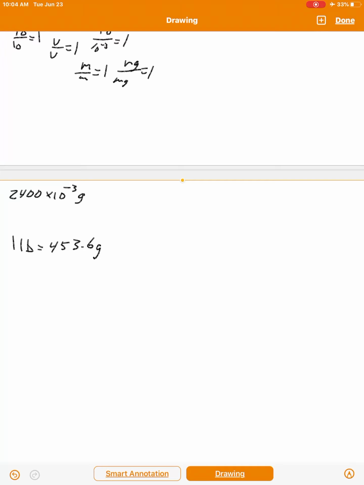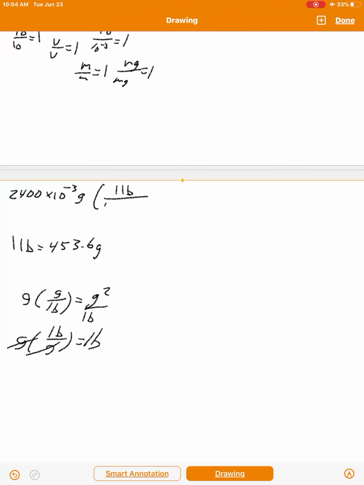Again, if you have grams, multiply that by grams per pound. That's going to give you grams squared per pound. But if you take grams and you multiply it by pounds over grams, that'll give you pounds. So I'm going to multiply this by 1 pound over 453.6 grams. Grams cancel, and you get pounds.